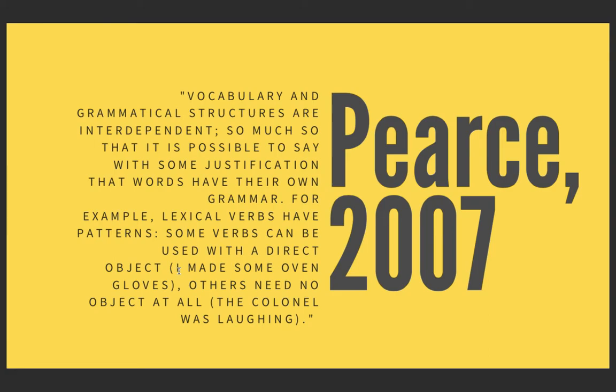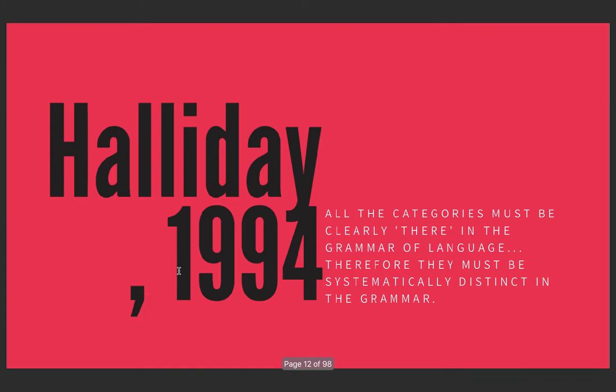So it means to say that lexical grammar in functional grammar, the vocabulary or the words have particular functions, particularly the grammatical functions. Also, Halliday discussed this in 1994, saying that all the categories must be clearly there in the grammar of the language.